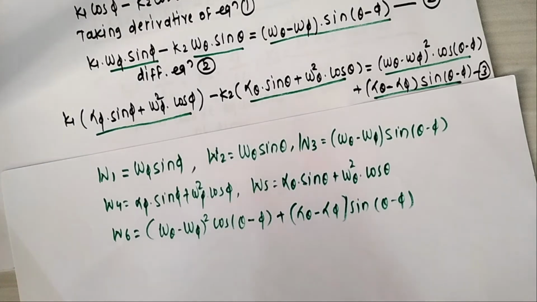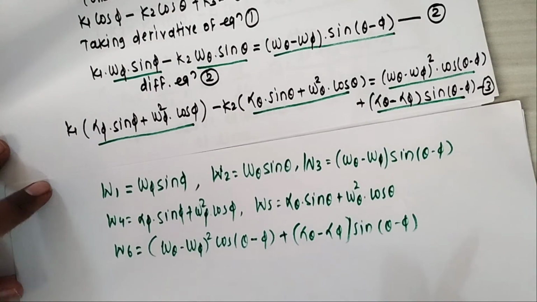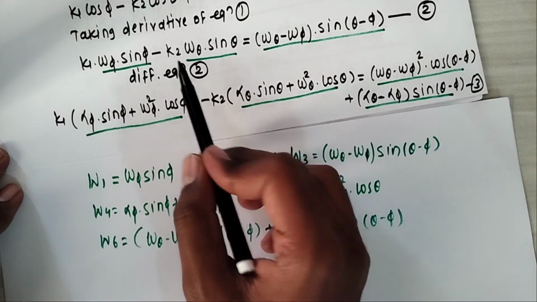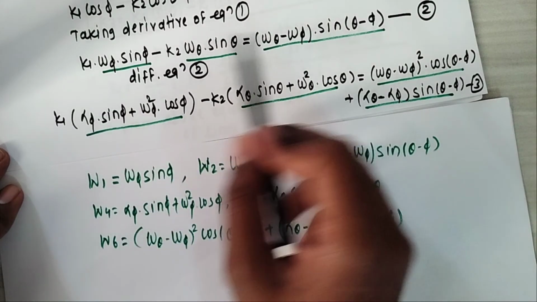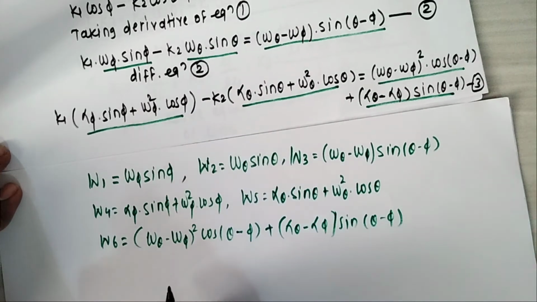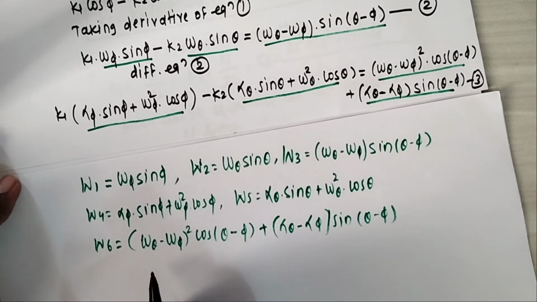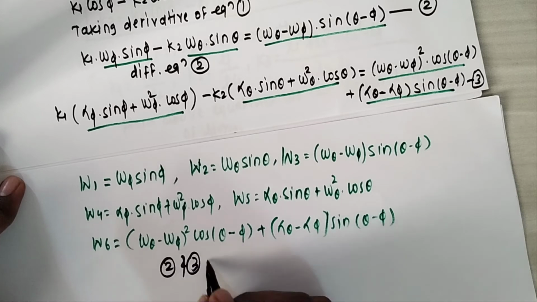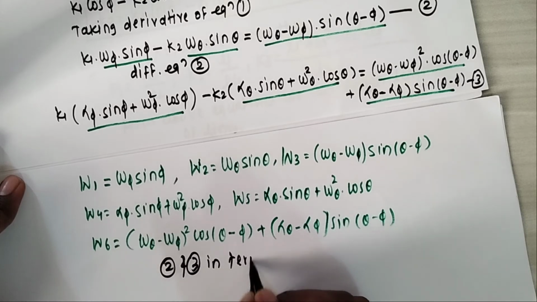Now we have to use these kinematic coefficients to get the values of k1 to k3. So we write equations 2 and 3 in terms of kinematic coefficients.